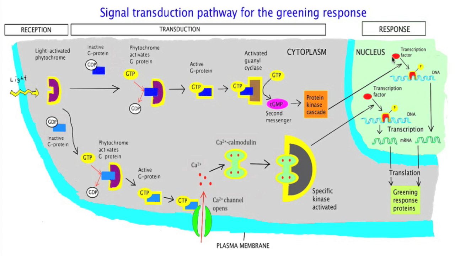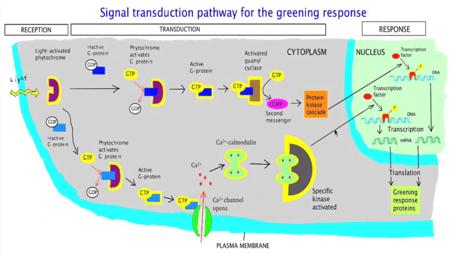These red little globs are transcription factors. This is the kinase, this semicircle. What do these arrows represent happening now? What happens after the kinase? Who is going to move into the nucleus? The activated kinase.